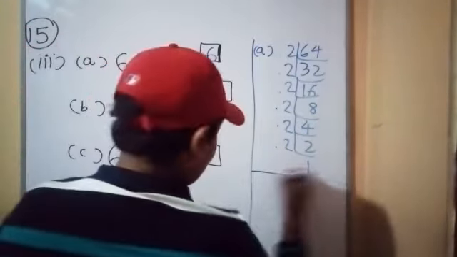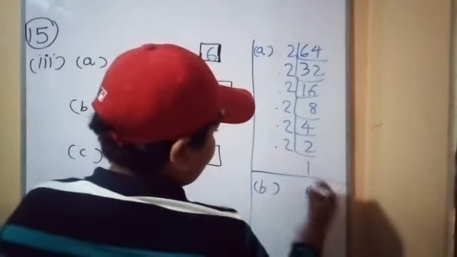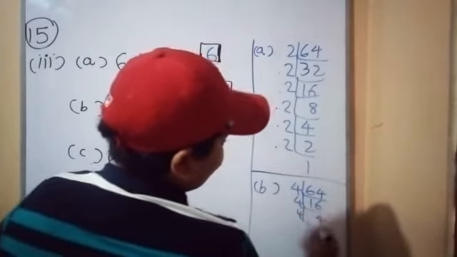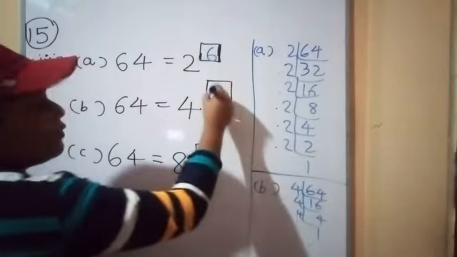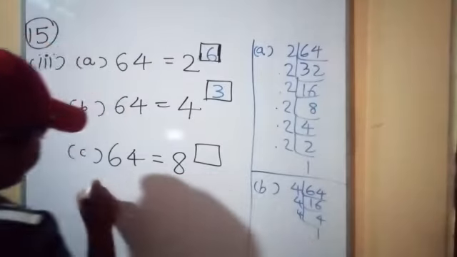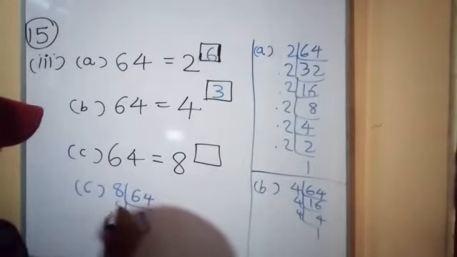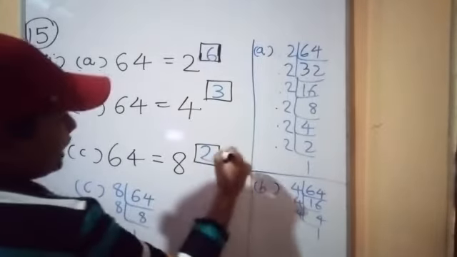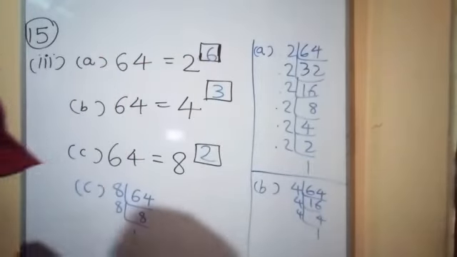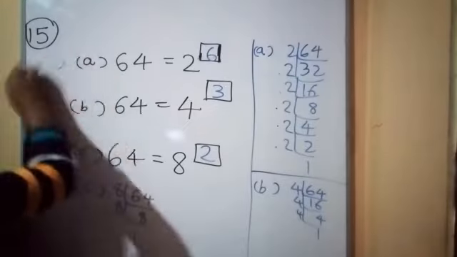Now get B. 64 divided by 4: 16, 4, 1. That is 1, 2, 3. 4 to the power 3. Now C: 64 divided by 8, 8 divided by 8, 1. 8 to the power 2. Okay, that's the third one.